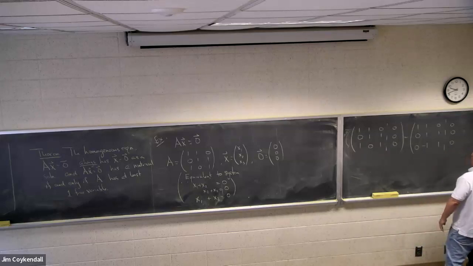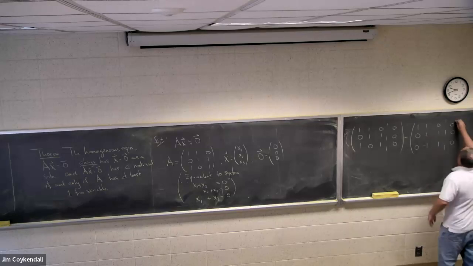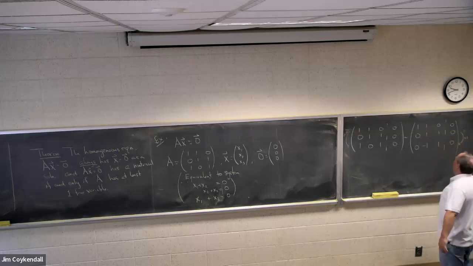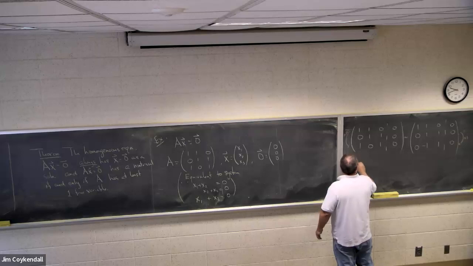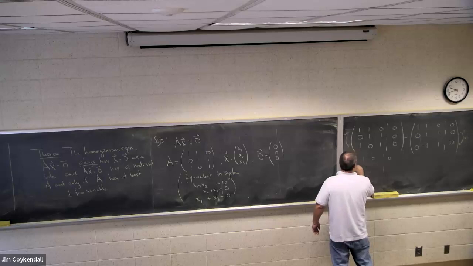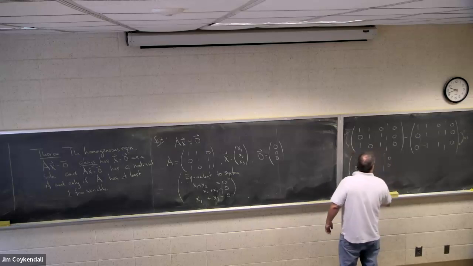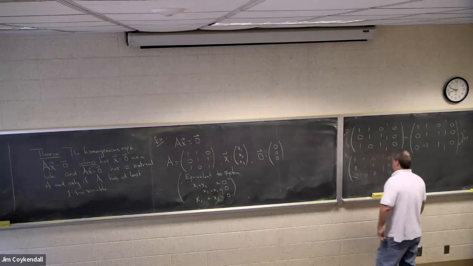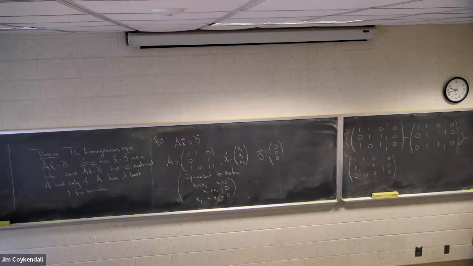I can now add: I'll multiply the second row by 1 and add, and get 0, 0, 2, 0. I hope it's apparent at this point: how many pivot columns am I going to have?